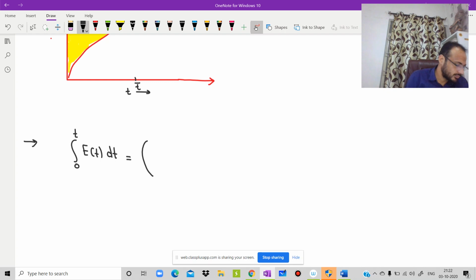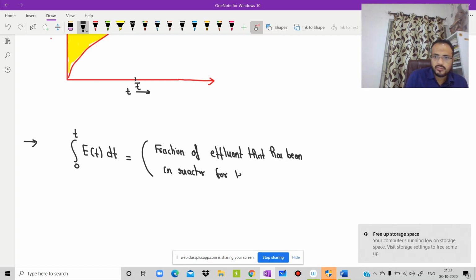That value will provide you the fraction of effluent that has been in the reactor for less than time t. It is nothing but the definition of F of t.